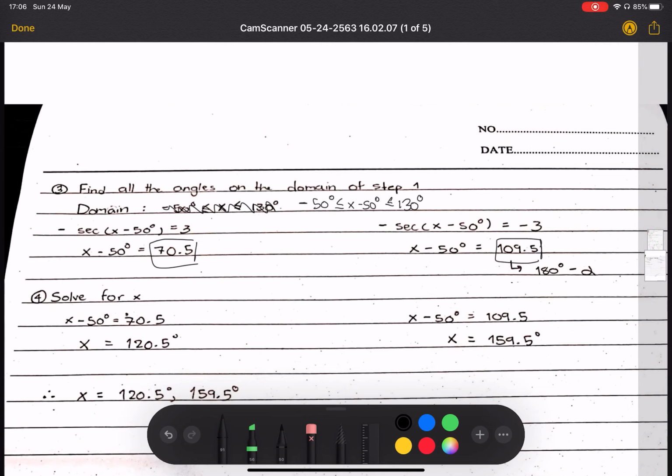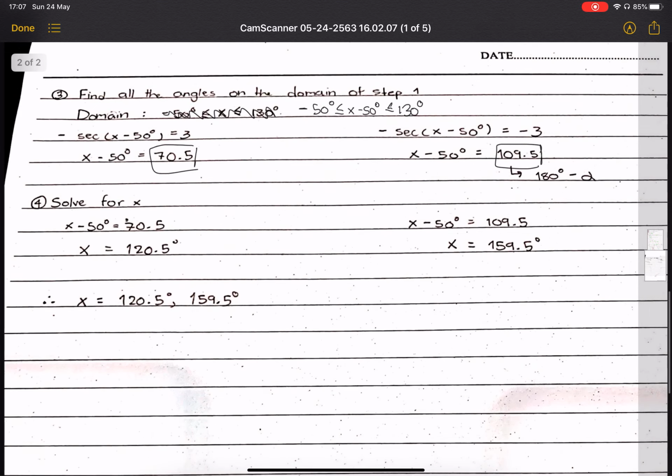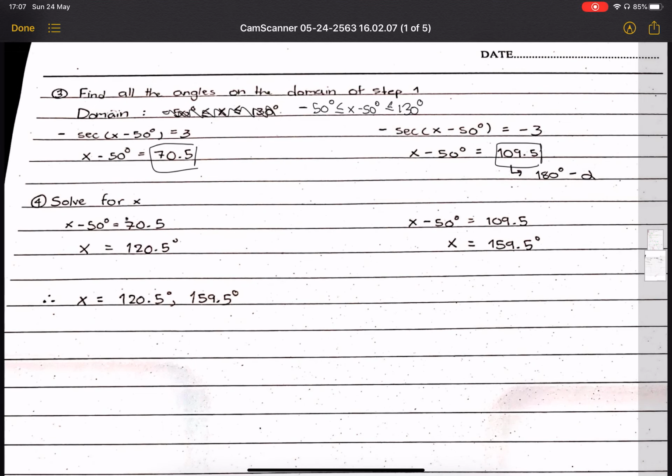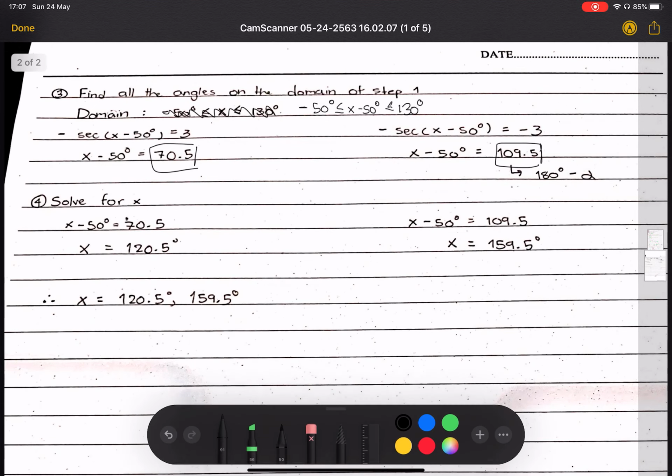Then the fourth step is solve for x. So x minus 50 equals 70.5. So x will be 120.5 because we add 50 to both sides.